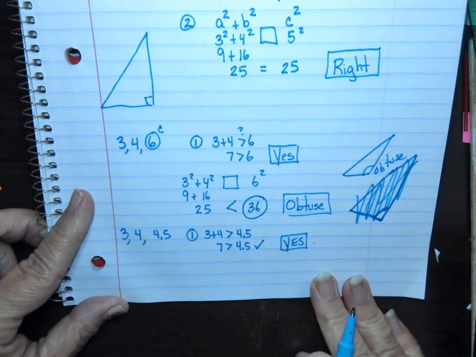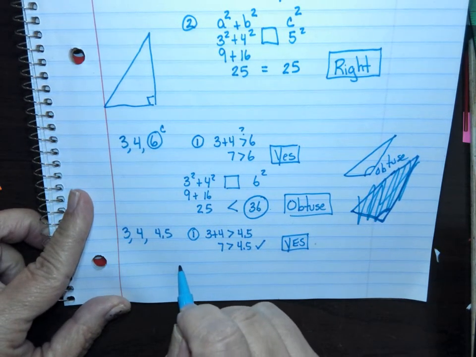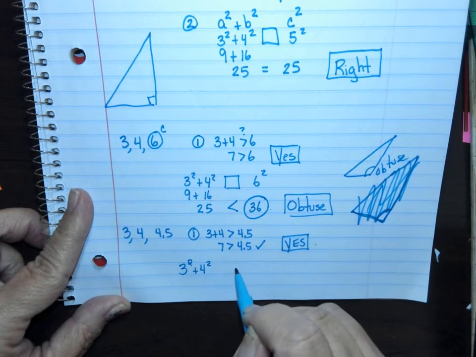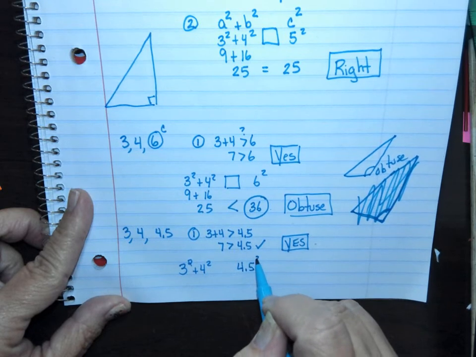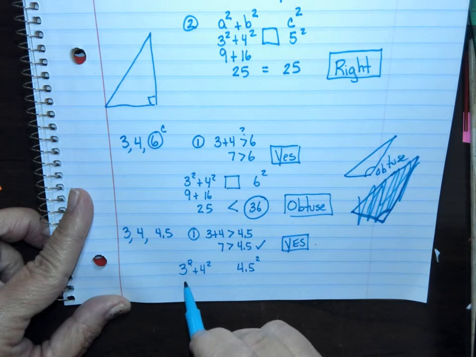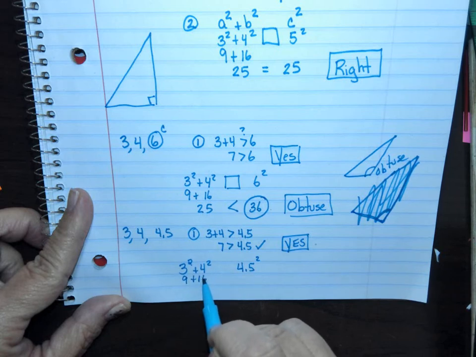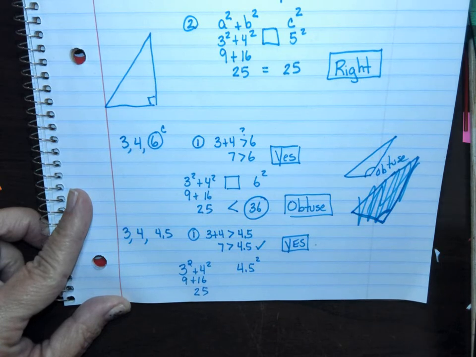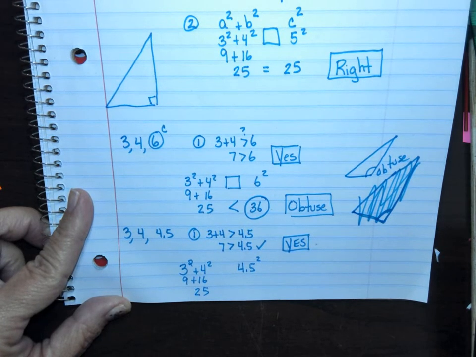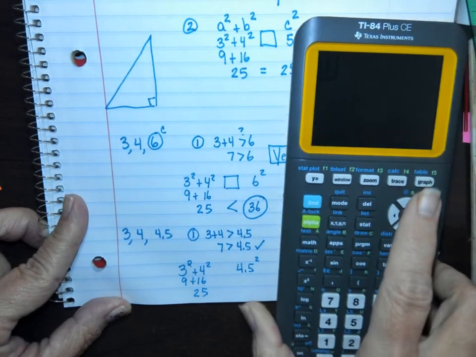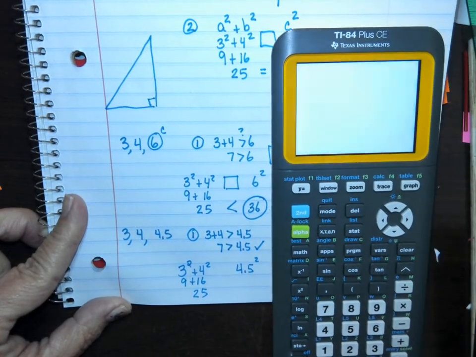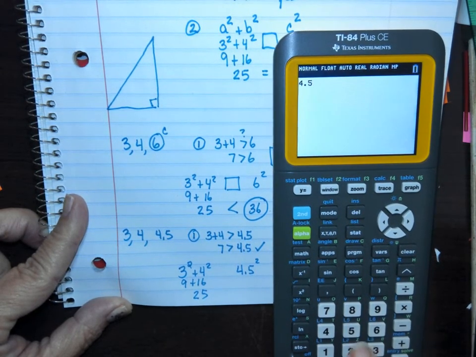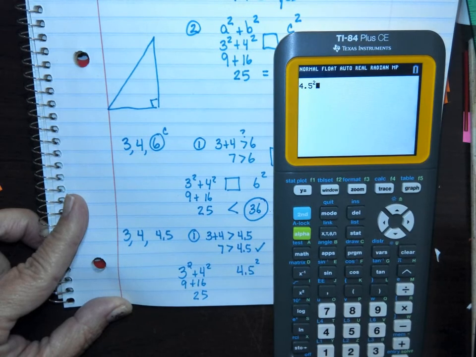But now we have to see what kind of triangle. So we do 3 squared plus 4 squared, and would compare that to 4.5 squared. So 3 squared is 9, and 4 squared is 16, and that makes 25. Alright, 4.5 squared. I need a calculator for that. So I'm going to do 4.5. I'm going to square it.